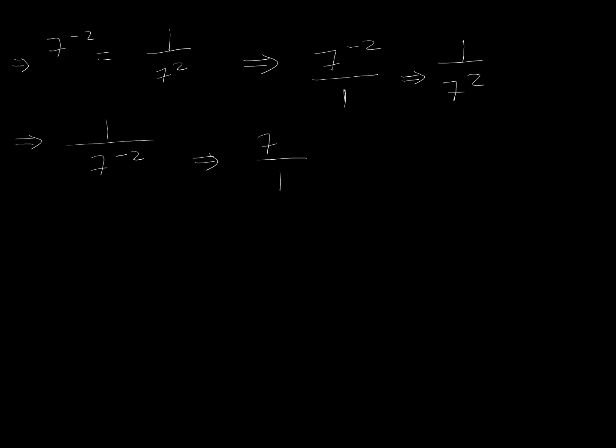But if it has a negative exponent, the exponent changes. So this is the same as saying 7 to the power 2, divided by 1, which is just 7 to the power 2. I hope this makes sense, guys, because it's very important that you understand this one. So if any number goes up or down, the sign of the exponent changes. That's what we learned on this one.